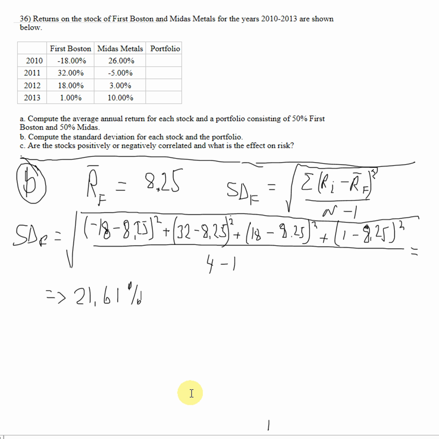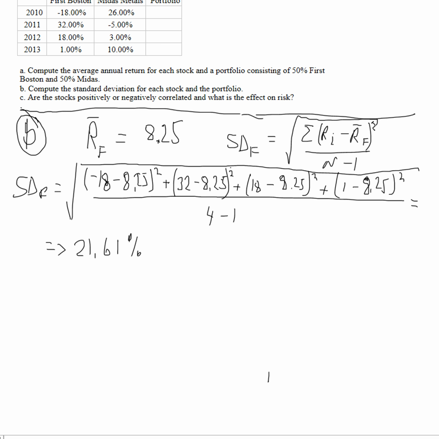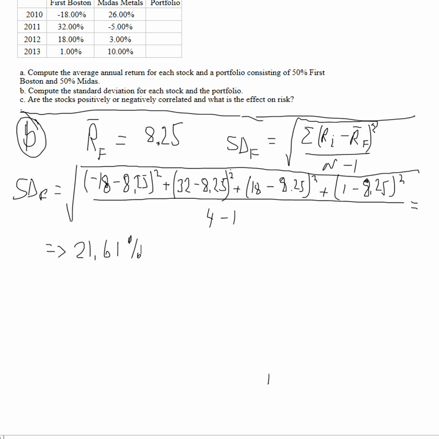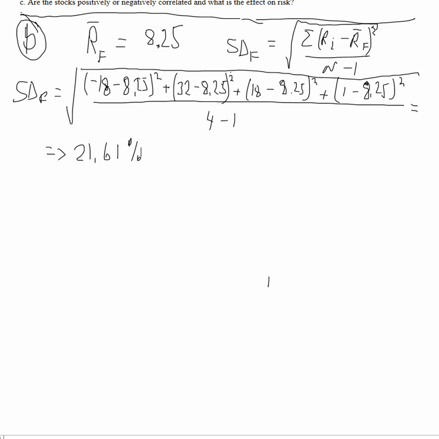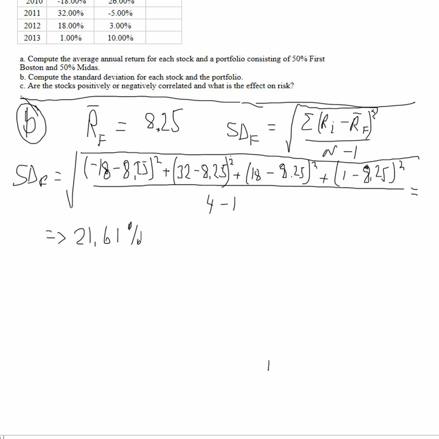Now we repeat this exercise to calculate the standard deviation of the other one, Midas Metals. For that I will still be looking at the numbers, so going down won't help me, so I may have to erase some parts of this.